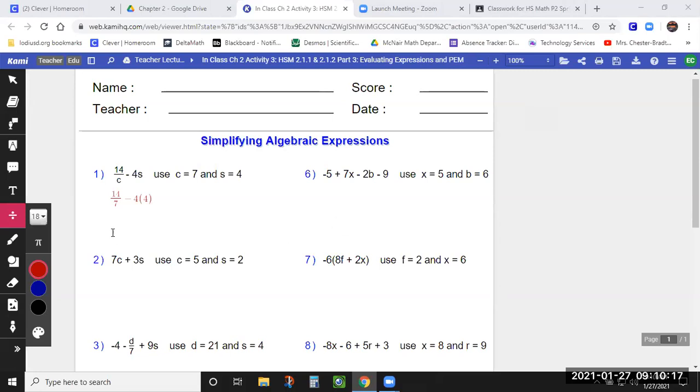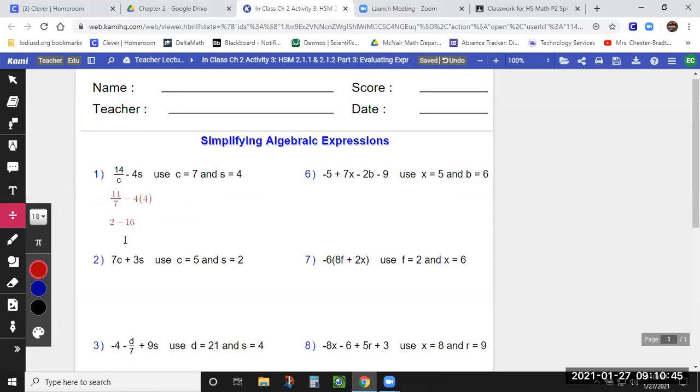And then we have a 4 times a 4. What's that? What's a 4 times a 4? 16.